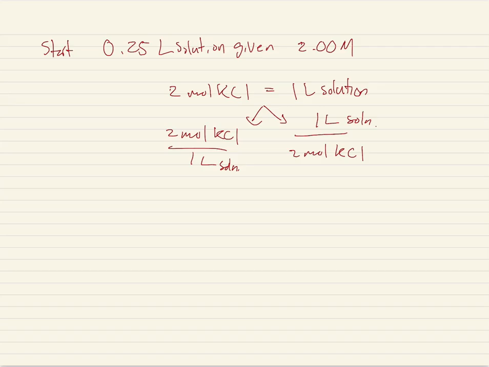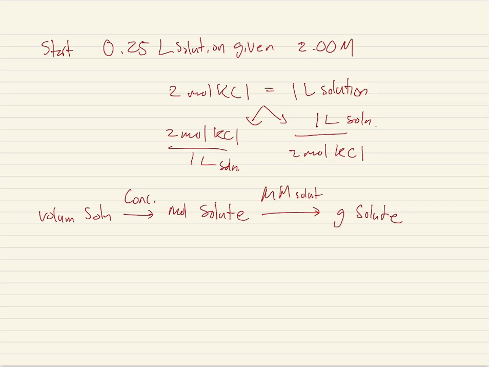And if we want to find the grams of something, we can start from the volume of solution to get the moles of solute, and to go from moles of solute to grams of solute, we can think of this as another conversion step. Right, so if we did this, we would use the concentration to go from volume of solution to moles of solute, and then we'd use the molar mass to go from moles of solute to grams of solute.